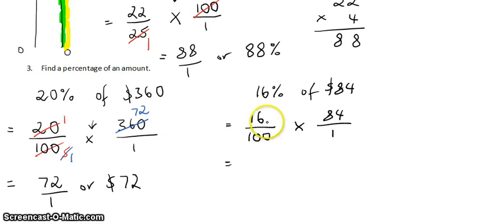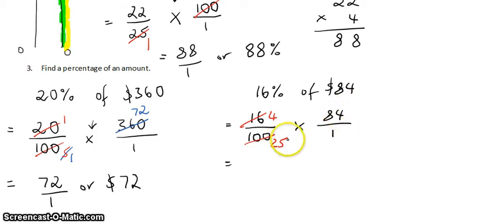Now, simplifying, we can divide this. Actually, the highest common factor is 4 into 16 and 100. 4 goes into 16 4 times, and 4 goes into 100 25 times. Okay? Can we simplify further? Well, 25, does that have any common factors with 84?